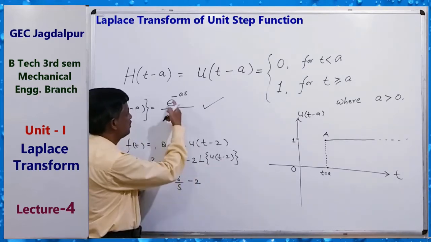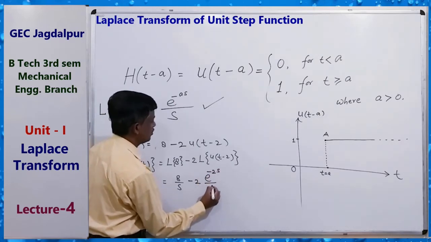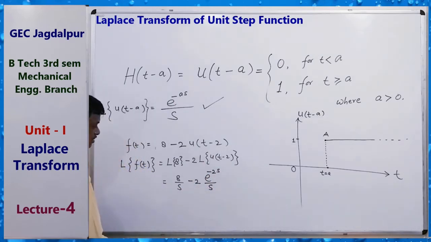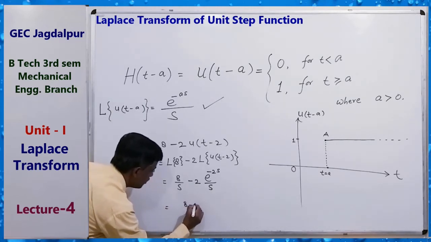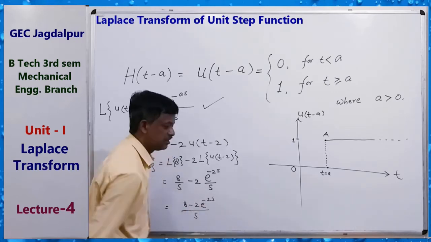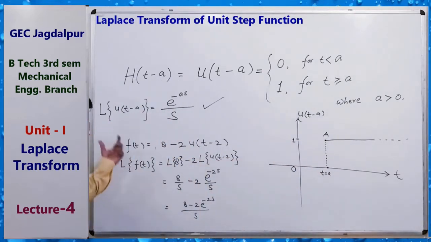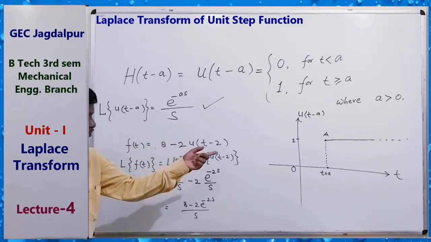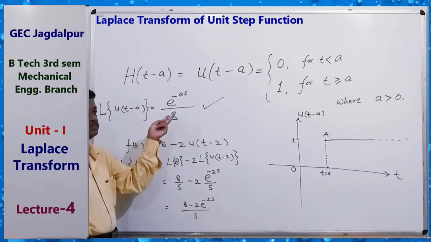So you can write it as e to the power minus 2s upon s. So this is the Laplace transform of the given function. Okay. So this type of process is required for writing a function in terms of unit step function, and then you can get the Laplace transform of that function by using this.